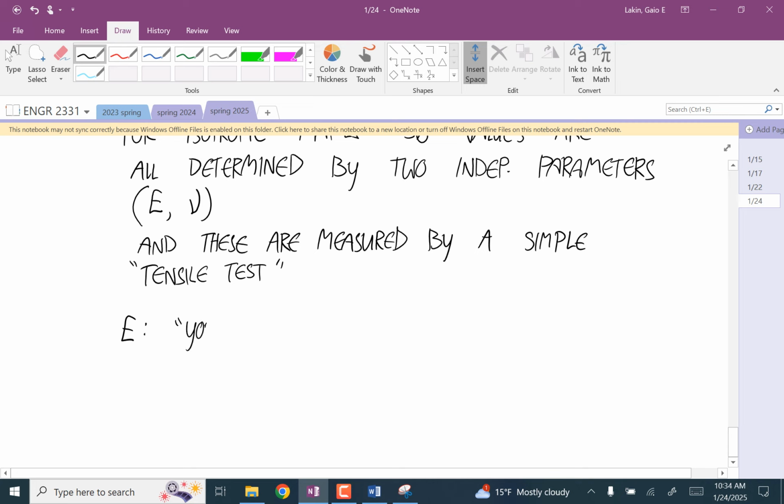One is Young's modulus. Or sometimes you hear modulus of elasticity. Or the stiffness.